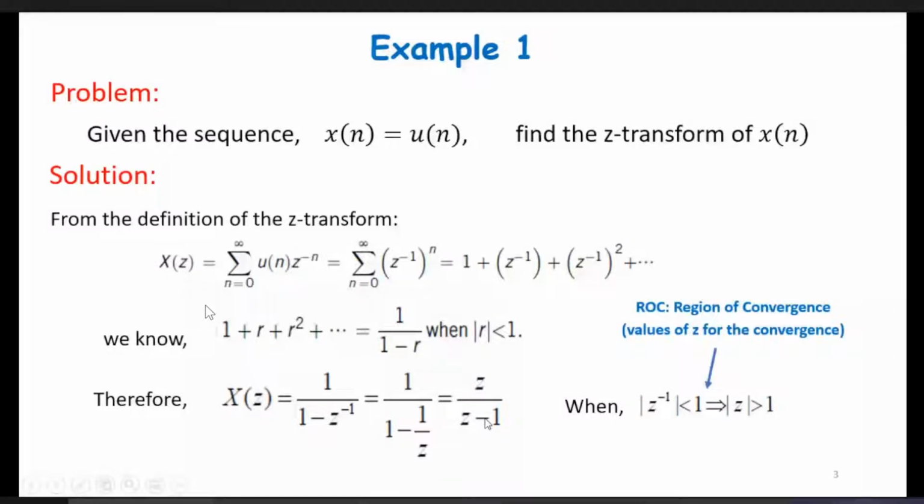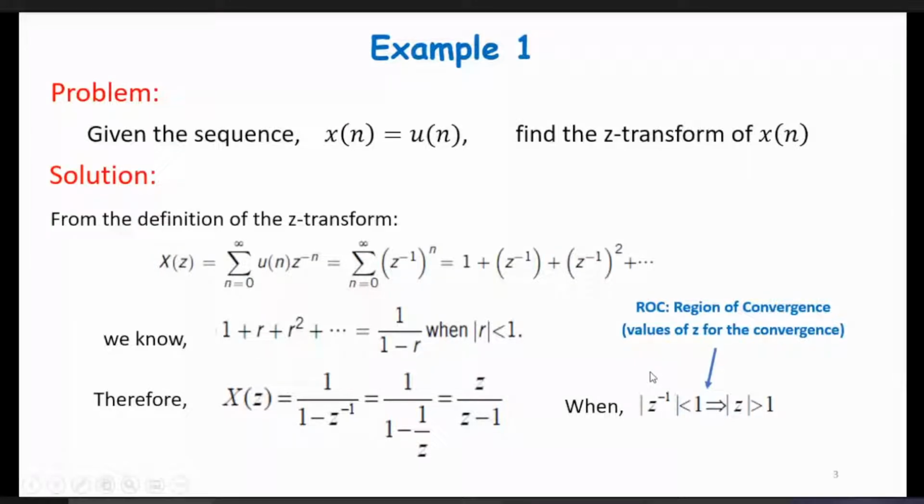If the magnitude of z inverse is less than 1, that means magnitude of z is greater than 1, then only it will be finite, otherwise it will be infinite. Mod z means both positive and negative values. This is the region of convergence of z.